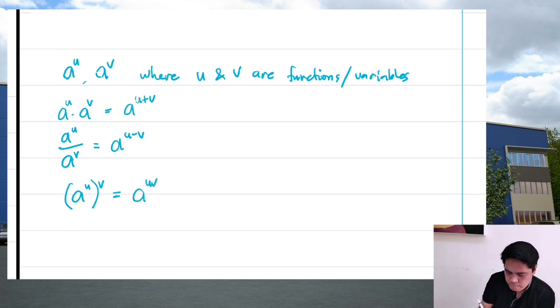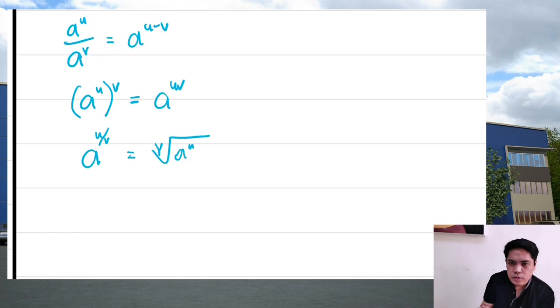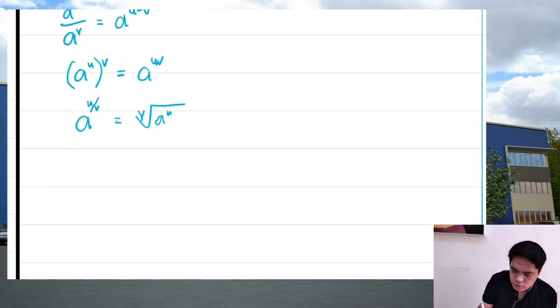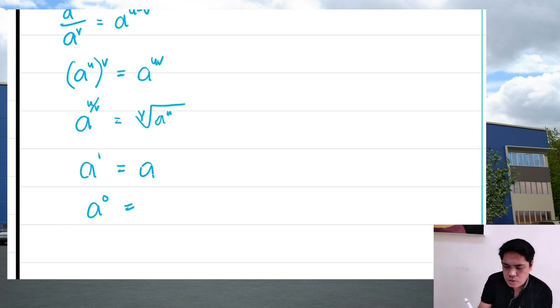If a is raised to u over v, that would be the v root of a raised to u. Ganon. Now, if a is raised to 1, of course, that would be identity, a. If a is raised to 0, any number raised to 0 is 1. So, those are the properties of exponent that we already know.